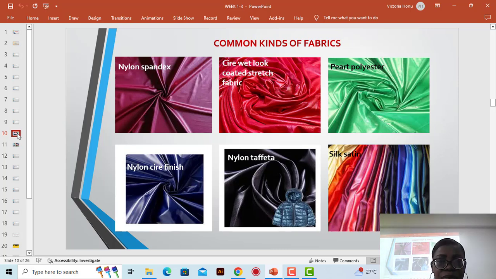spandex. Then we have the sari wet look coated stretch fabric. You have seen this fabric before, right? The second one, this coated one. Most of them tend to peel over time. It shines and it stretches.